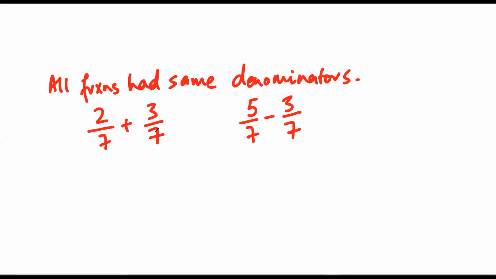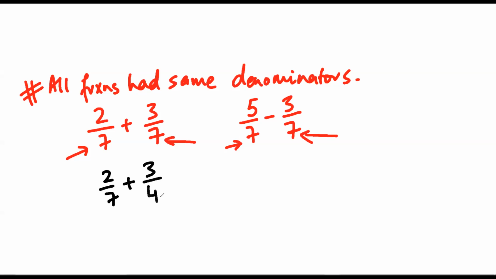So the fraction that I have done till now, here the denominator is the same. I haven't done a fraction like 2 by 7 plus 3 by 4 or 3 by 4 minus 1 by 3. Mr. Sarthak, have you understood?